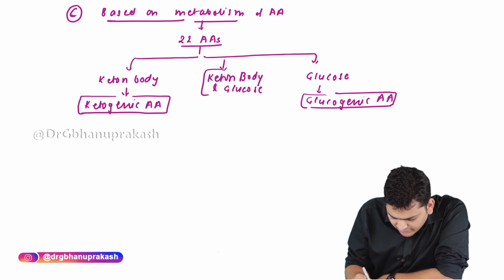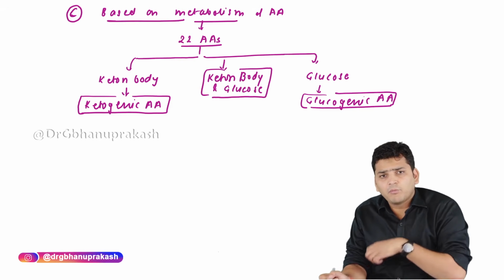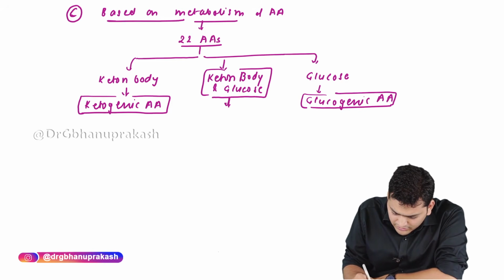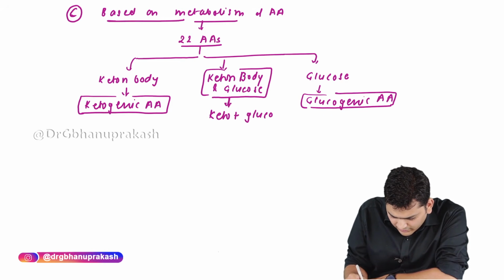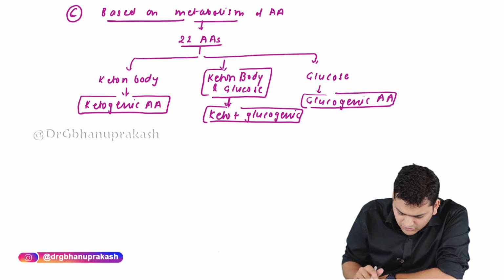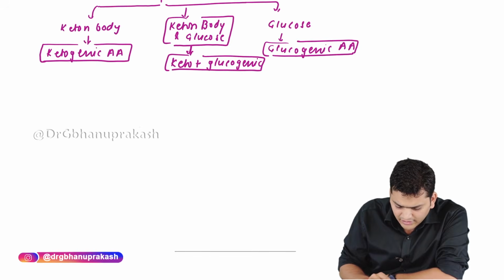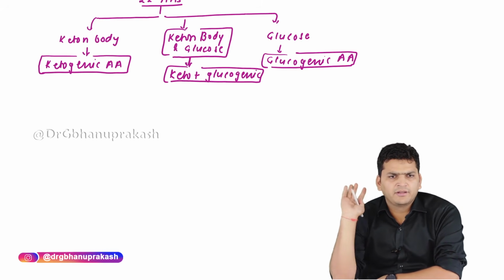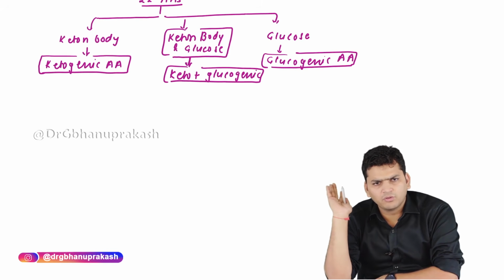If the body requires ketone body, they will generate ketone. If the body requires glucose, they will make glucose. So they are called keto plus glucogenic. So there are three subcategories based on the metabolism of amino acids: ketogenic, keto plus gluco, and glucogenic.